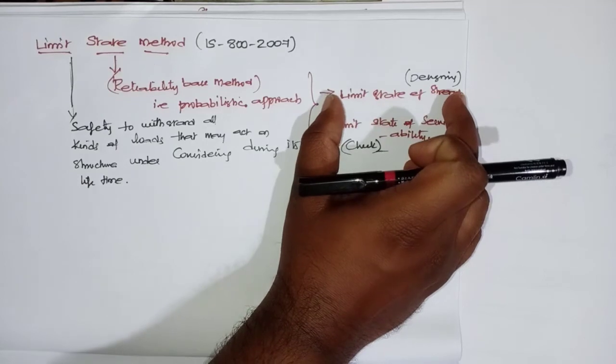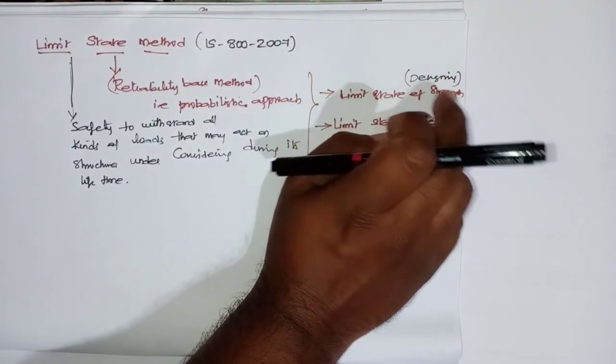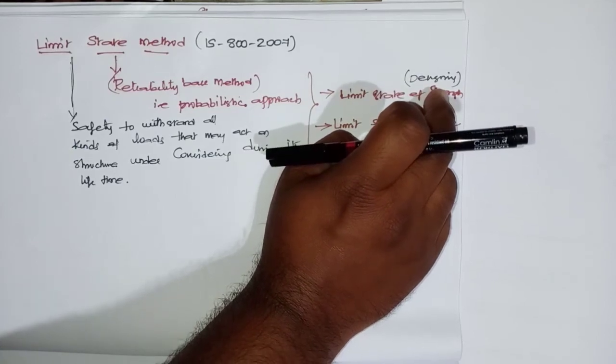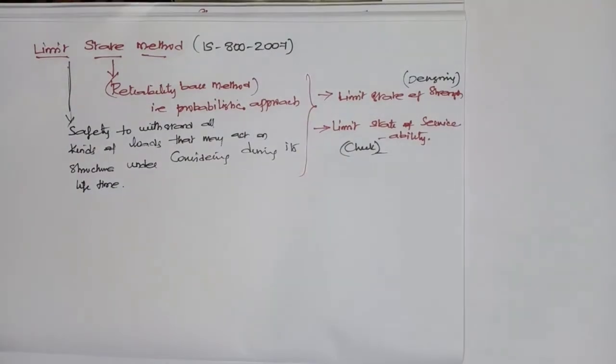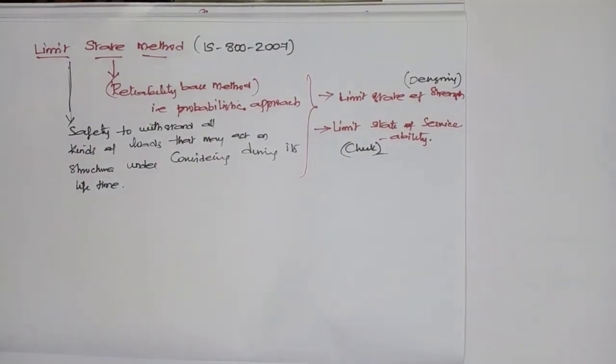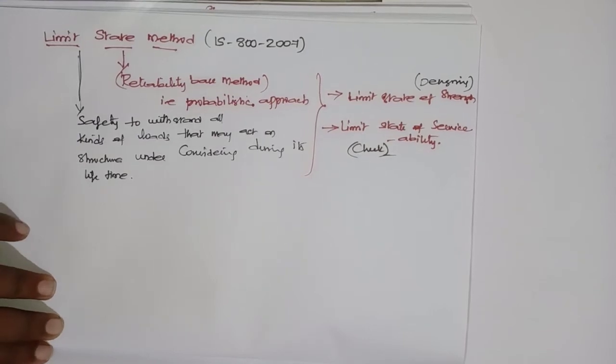Coming to the limit state of strength, we will be designing in the case of the limit state of strength. Here, for the limit state of serviceability, we will be checking. Now, what factors will be checked under serviceability and what factors will be designed under collapse, we'll see.